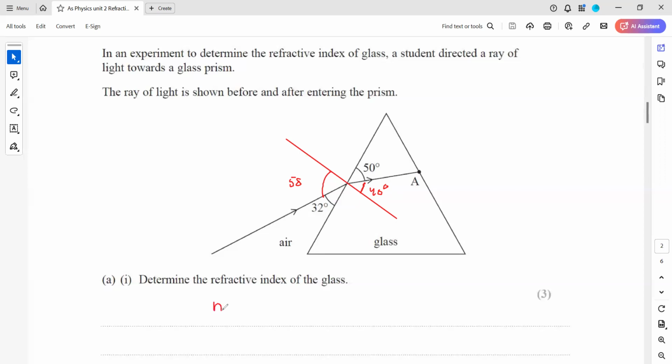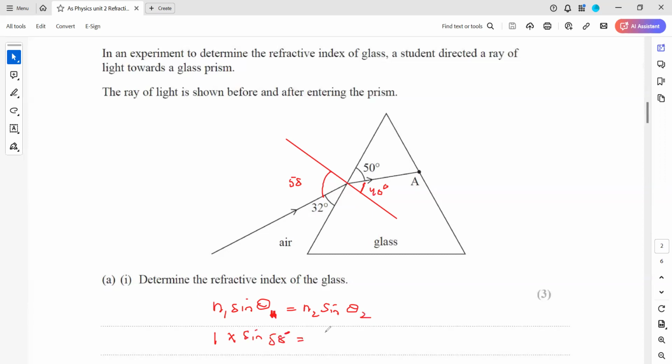We use Snell's law, n1 sine theta 1 equals n2 sine theta 2. n1 is the refractive index of the first medium, because the light is traveling from air to glass, so the refractive index of air is 1. Sine theta 1, where theta 1 is 58 degrees.